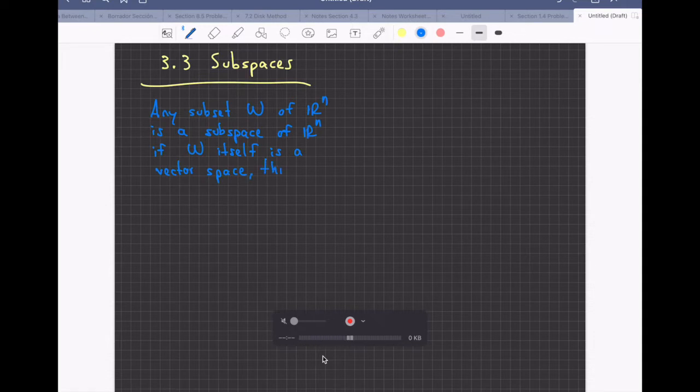This is, it satisfies all the properties for sum and scalar multiplication.